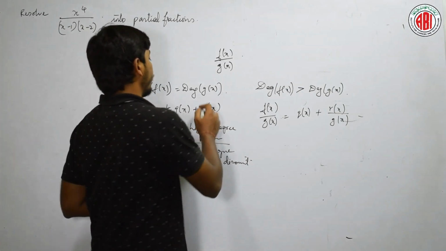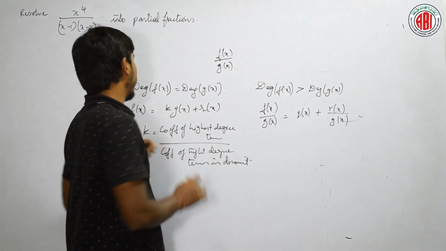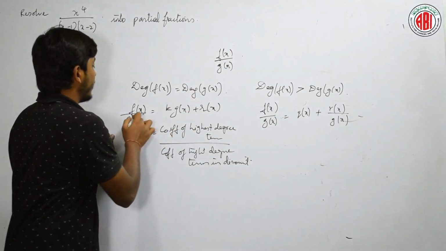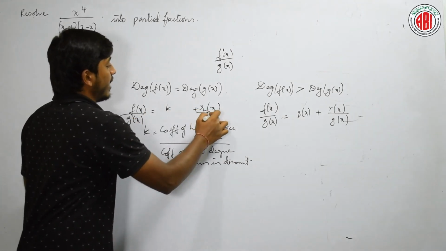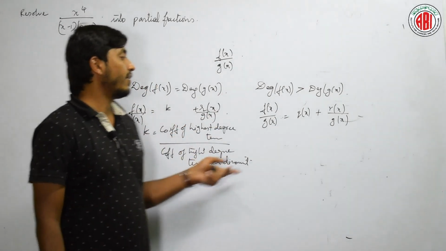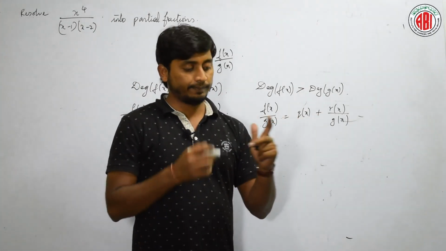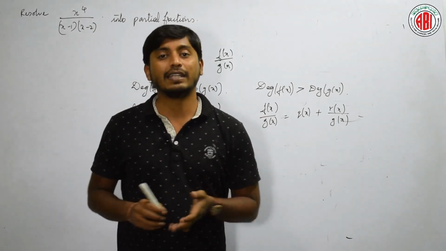When we divide, g of x will get cancelled and we will be left with r of x, or else we can write f of x by g of x as k plus r of x by g of x. Here we will have a constant and there we will have a quotient. Clear? Shall we do a few problems of this kind?